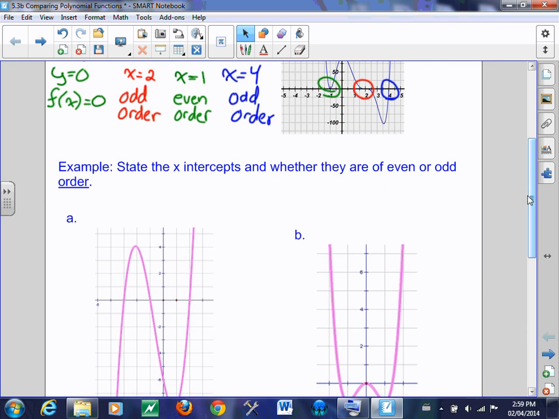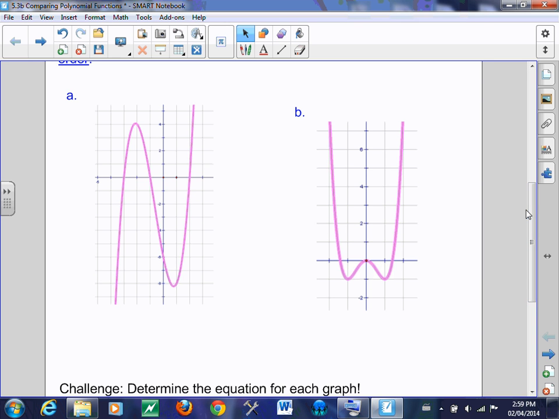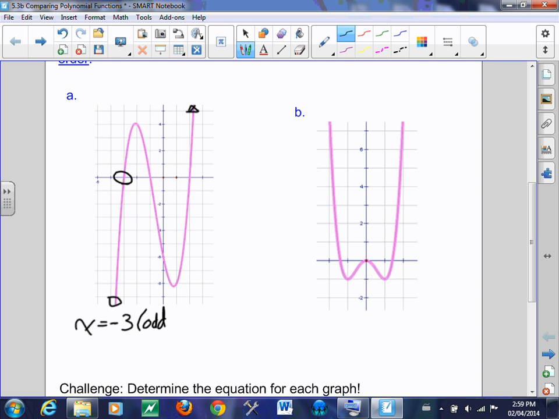For example, state the x-intercepts and whether they are an even or an odd order. Well, first of all, we've got to identify them first, so let's start here. Looking at that one, we notice that x equals -3. Does it change from positive to negative? From negative to positive, it does, so we call that an odd order.